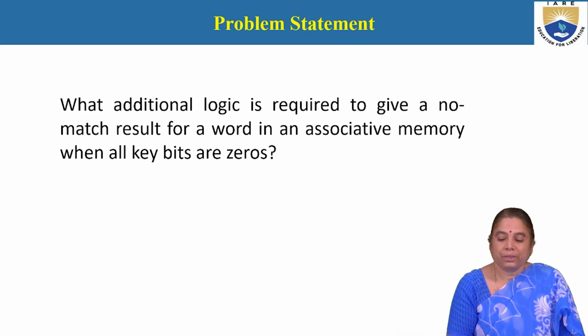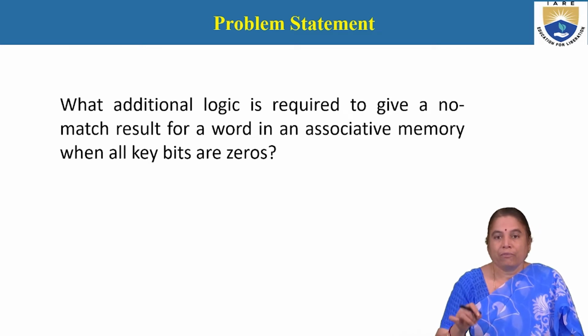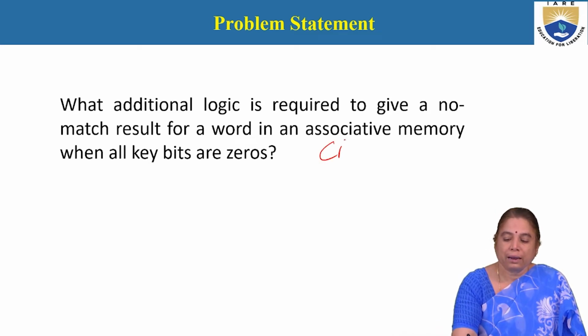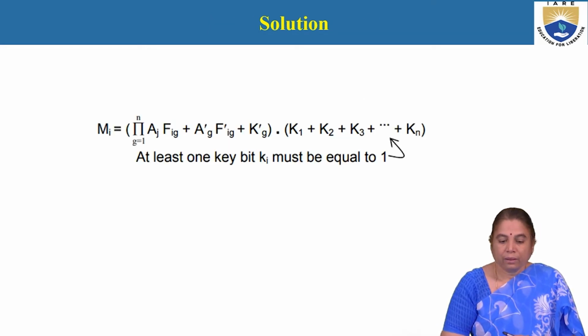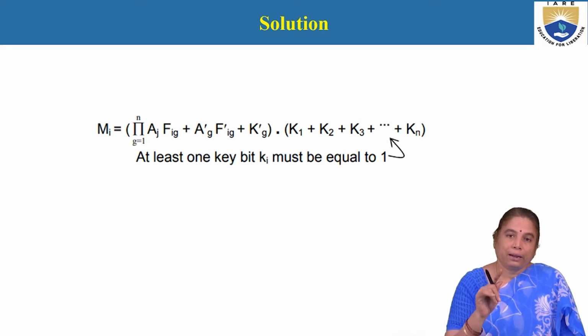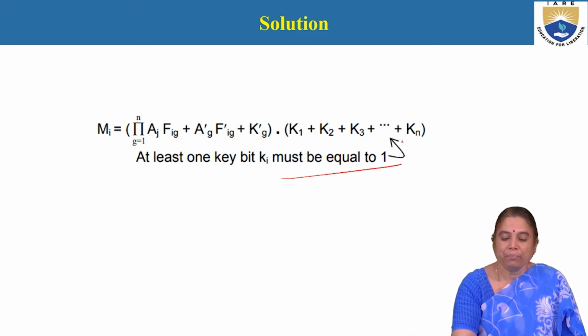What additional logic is required to give a no match result for a word in an associative memory when all key bits are zeros? So if the key is all 0, a no match result has to be produced in the associative memory. Why? Because associative memory, another name for which is content addressable memory, requires that for each value at least one key bit must be 1, and only then can the match logic be implemented.